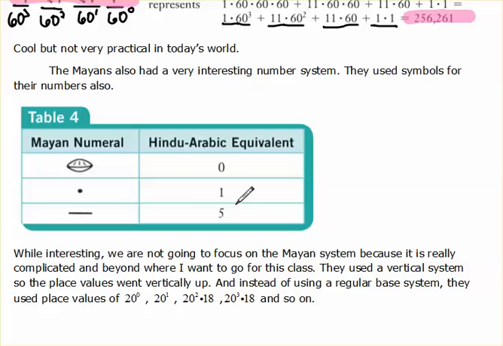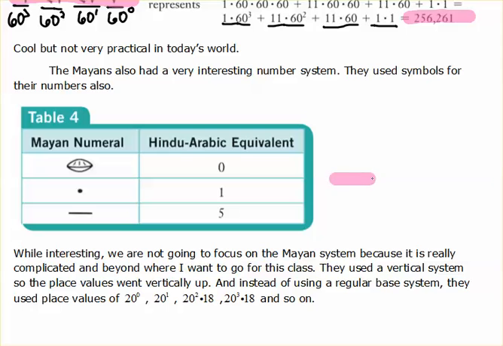Now, the Mayan system, because it is so complicated, we are really not going to talk about it very much. I just wanted to give you guys a brief introduction into it, because their place values were based on sort of a base 20 system, but they also multiplied that position by 18 once they got past the 20 to the first.